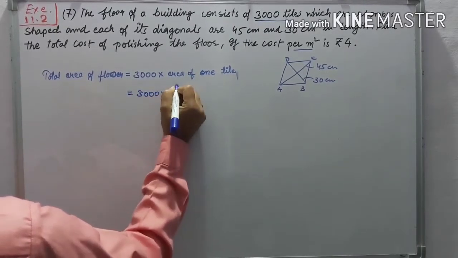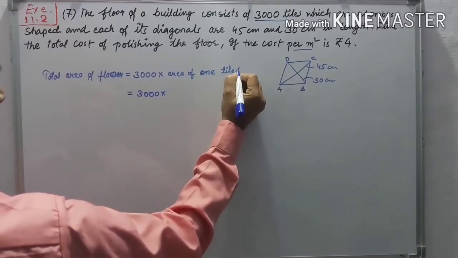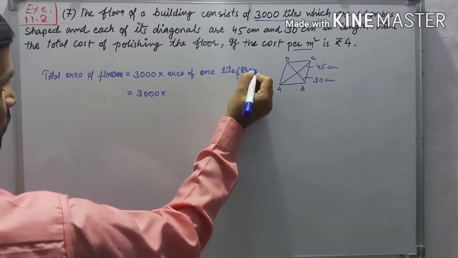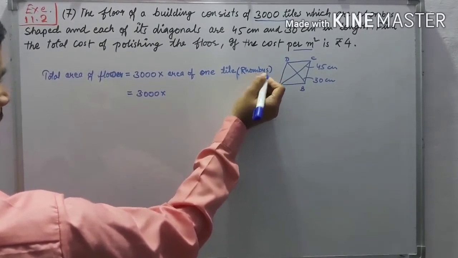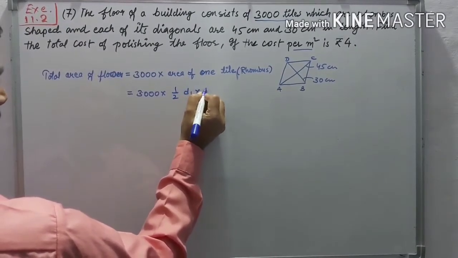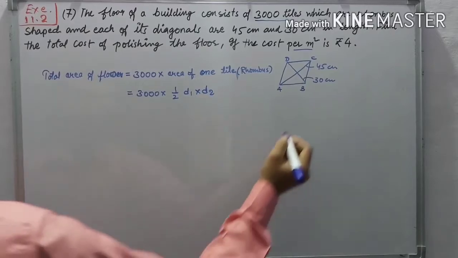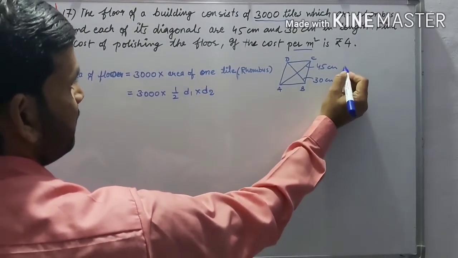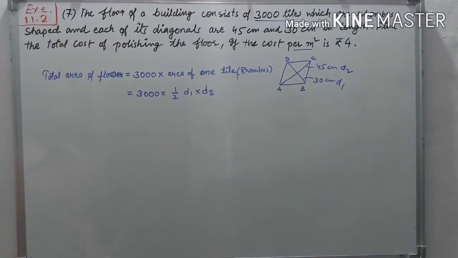3000 into the area of the tile. The tile shape is a rhombus, so the area is 1 upon 2 d1 into d2, where d1 and d2 are the diagonals.